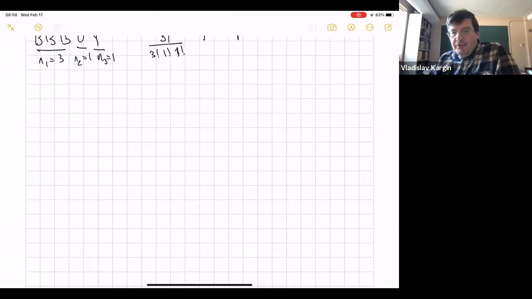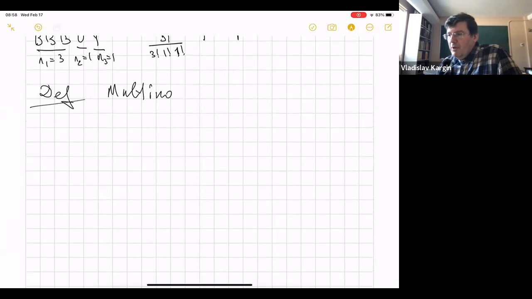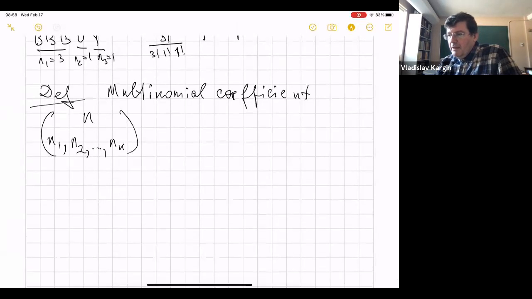Okay. So let us talk about the multinomial coefficient. Definition: the notation is n, n1, n2, up to nk, and it is equal to n factorial divided by n1 factorial, n2 factorial, nk factorial.